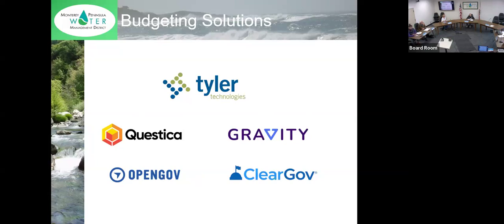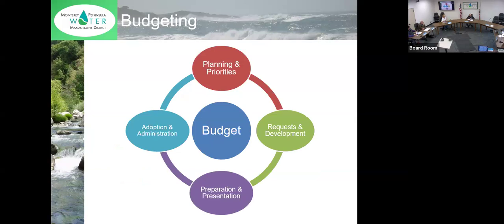Right now, our process is very manual. Like every page, every Excel file is separately done, then converted into a PDF, and then combined together into a budget book. So that whole process can be automated. So our recommendation is to go with Tyler ERP Pro for step 2, and then Gravity for step 3.